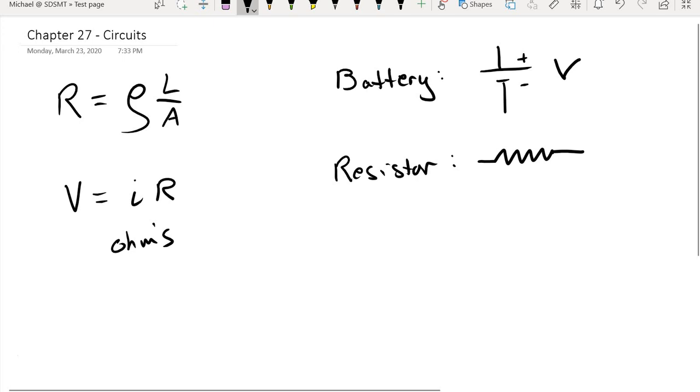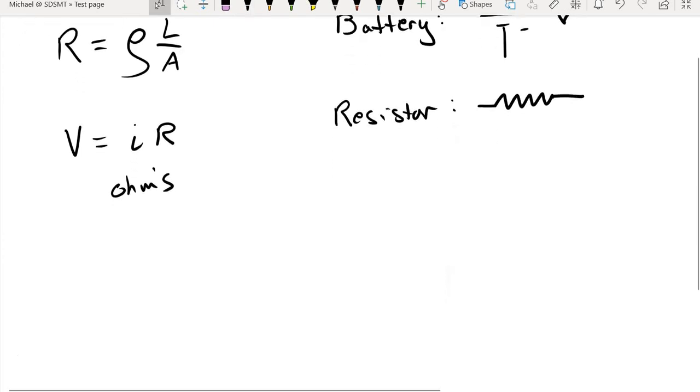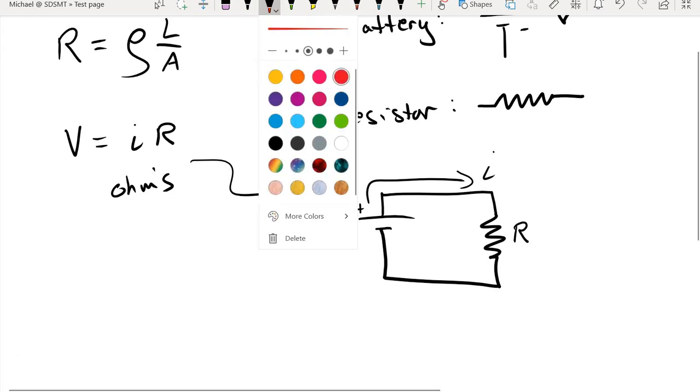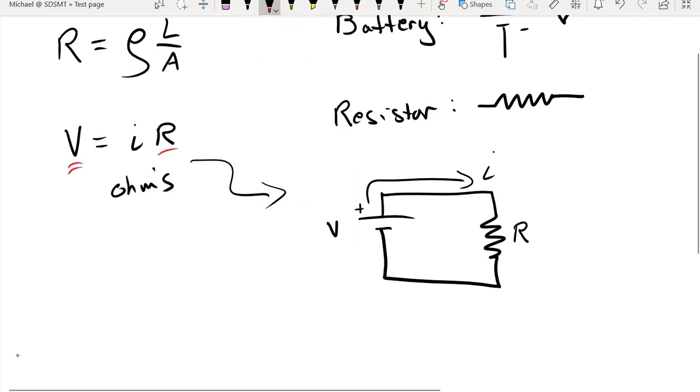The first thing we're going to do is a quick refresh on Ohm's law. If I have a battery and I hook it up to a resistor, that battery is going to provide charge, which will then travel through the circuit as current I. That amount of current is determined by how much potential we have versus the resistance of the resistor.